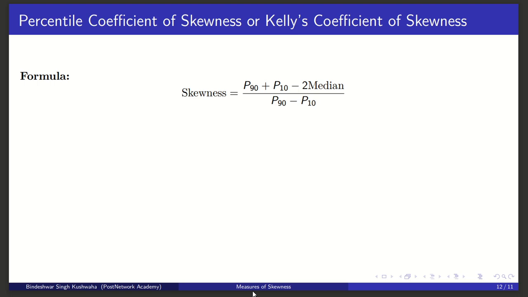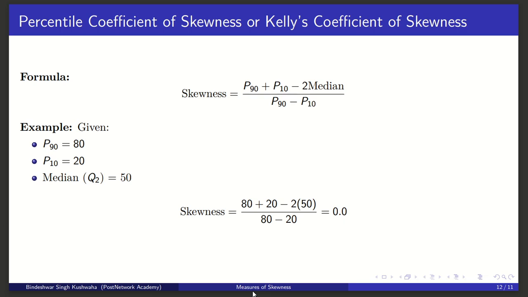We will use the 90th percentile and 10th percentile, and also the median. If you plug in all the values you will get 0. I have explained quartiles, percentiles and deciles in a previous video, so if you do not understand, check them out and you will understand.